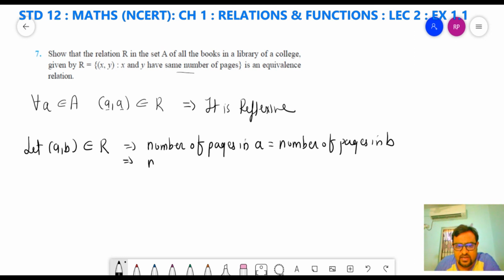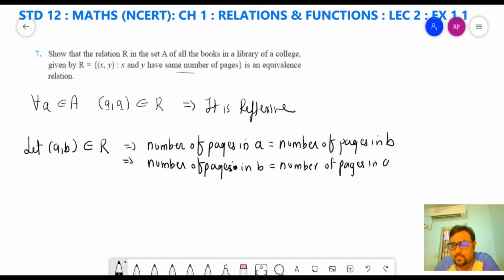This means that, I'm just changing it, number of pages in b equal to number of pages in a. What does this show? This shows that (b, a) belongs to R, therefore it is symmetric.